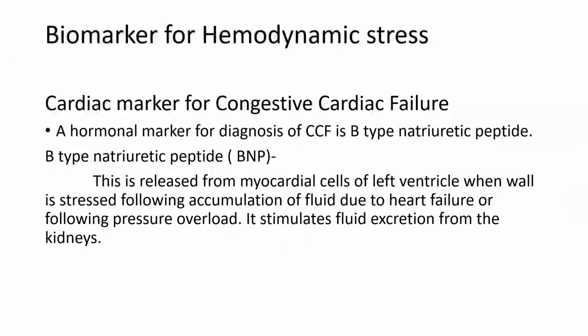They include ANP, atrial natriuretic peptide; BNP, brain natriuretic peptide; and CNP, C-type natriuretic peptide. The marker used for diagnosis of CCF is the B type natriuretic peptide, secreted by the ventricles, known as BNP.